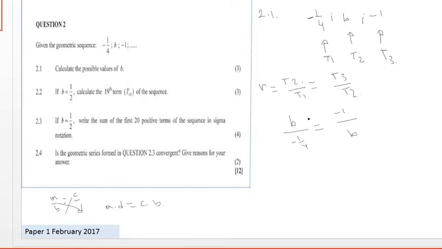So I'll first work out this. I'm going to simplify this. So this is the same as negative 4 over b, and then it's equal to negative 1 over b.